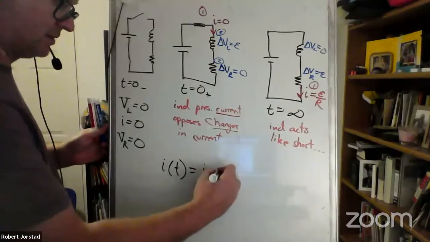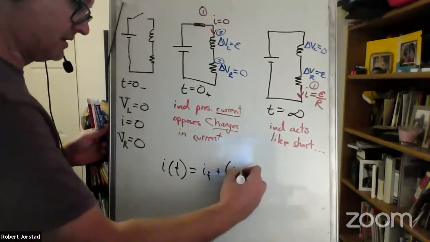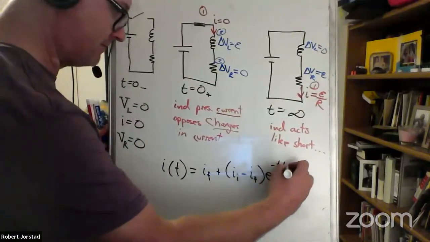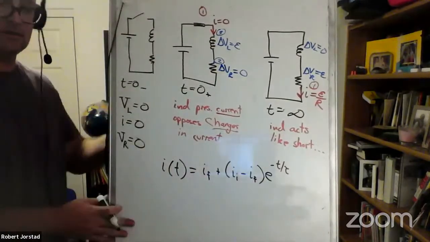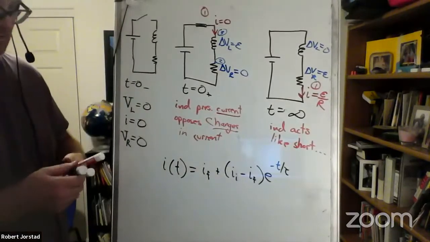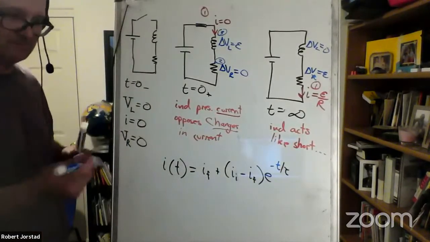I final plus (I initial minus I final) times e to the negative t over tau. What's I initial and I final in this case? I initial is 0 and I final is E over R.